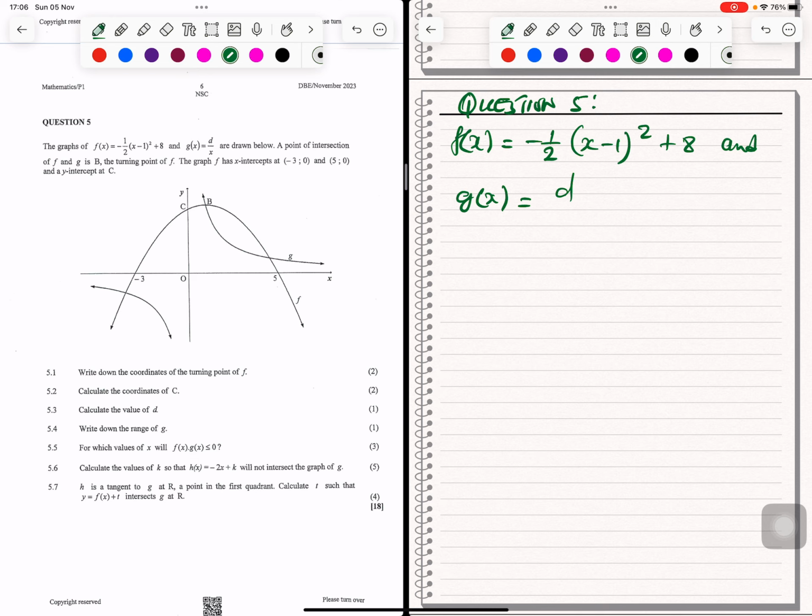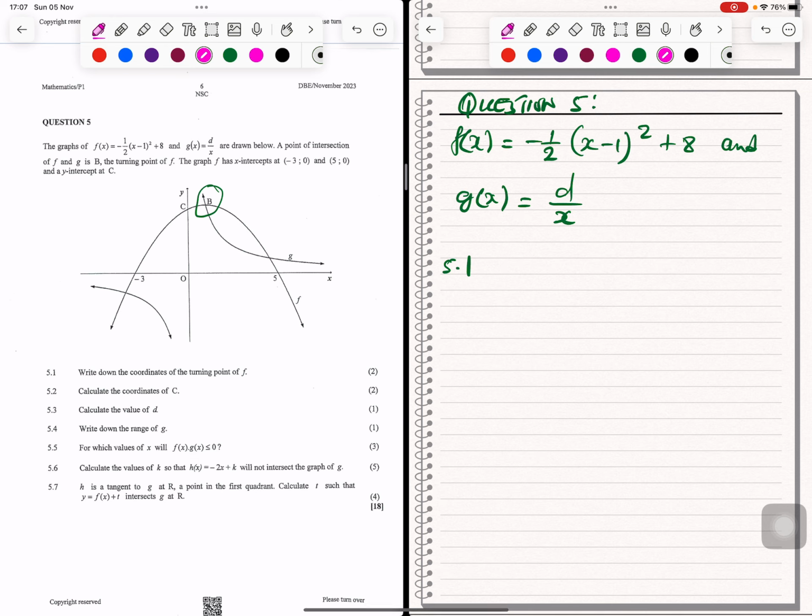So I'm just going to pen it down. 5.1, they say write down the coordinates of the turning point of f, which is at B in this case. So the turning point of f will be the axis of symmetry and its maximum value at 8.